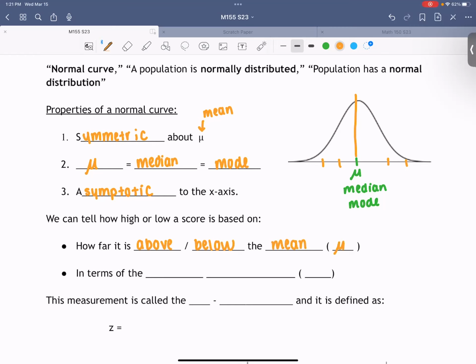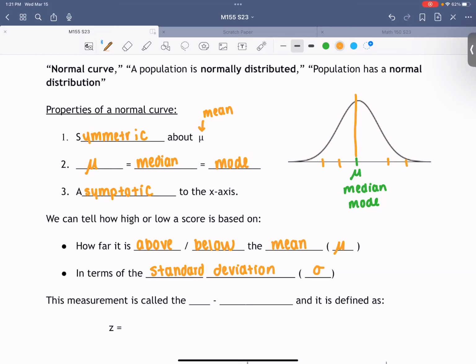Which, remember, the mean is mu, okay? So we were able to say, okay, I know the score is somewhat high above the mean. I know the score is below the mean. And we were even able to be really precise about that by talking about it in terms of the standard deviation, right? Remember, standard deviation uses that sigma symbol, okay?